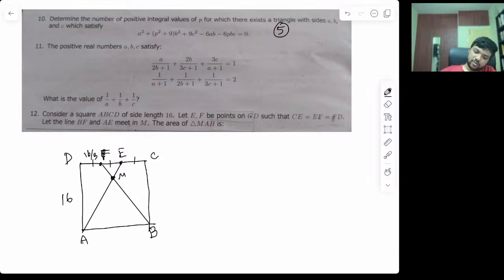We know each one is 16 by 3, and this is 16, this side. So this is 1/3 of this fellow, right? So if this area is A, this is A by 9, and these two are equal by symmetry.